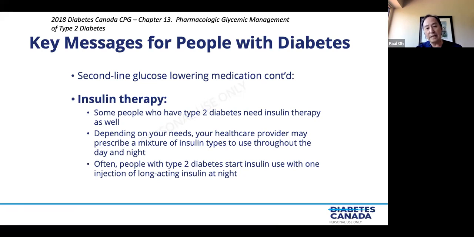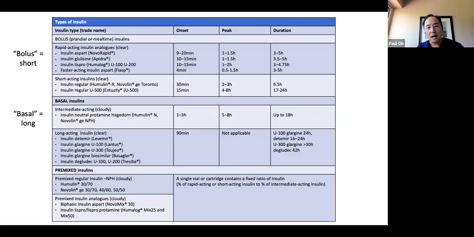And depending on individual needs, the healthcare provider may provide a mixture of insulin types to help sugar control throughout the day and night. And often people with type 2 diabetes will start insulin use with one single injection of a long-acting insulin at nighttime, and if necessary, add in more shorter acting insulins through the day.